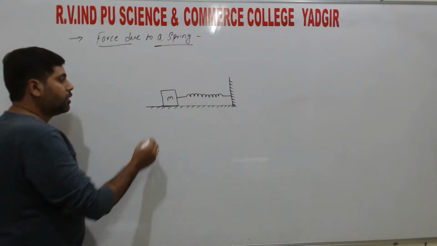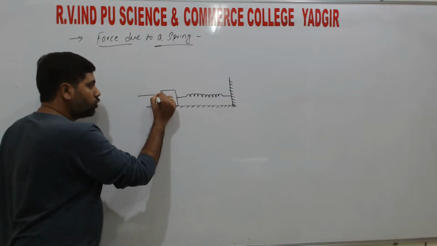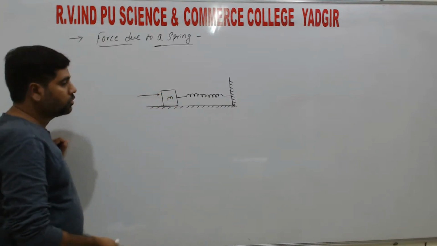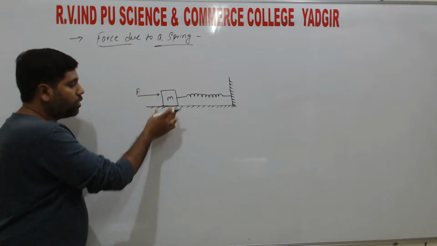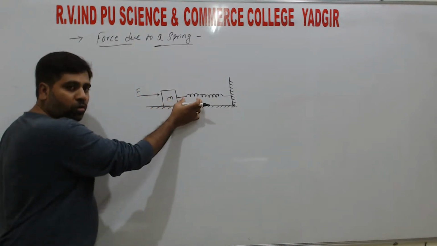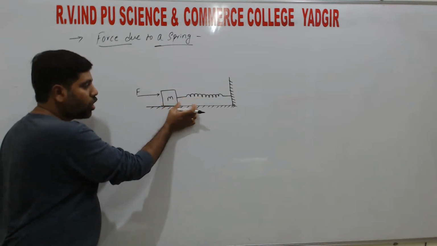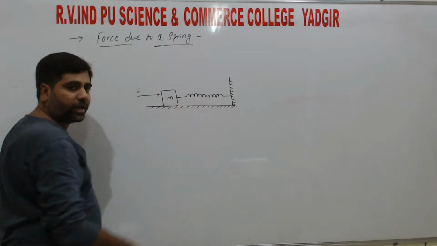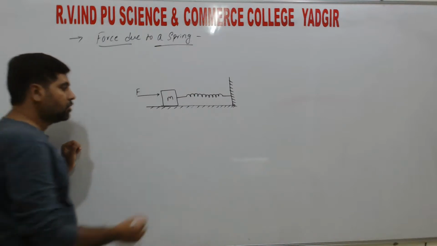So now when we apply a force onto this block, the block will move in the forward direction. As the block moves forward, the spring gets compressed, right?